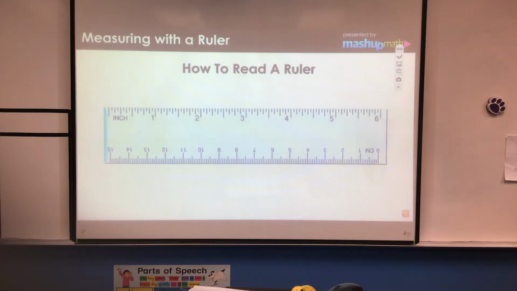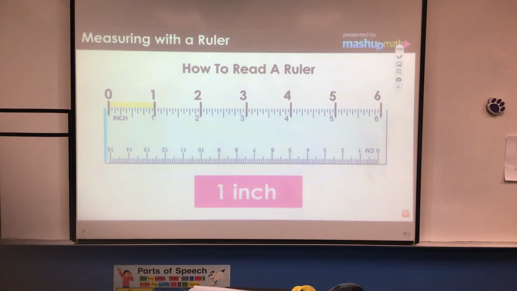So let's take a look at the side of the ruler that's labeled in inches, and you can determine that by looking for the word inch, or IN as an abbreviation. Notice the large numbers 1 through 6 are labeled on the ruler. Each of these spots is a value of 1 inch in length. So the distance between 0 and 1 is equal to 1 inch. The distance between 0 and 2 is equal to 2 inches, which can be expressed as 2 IN.